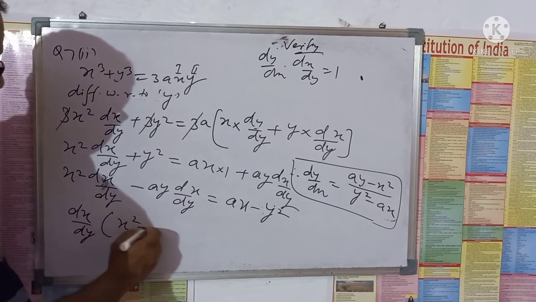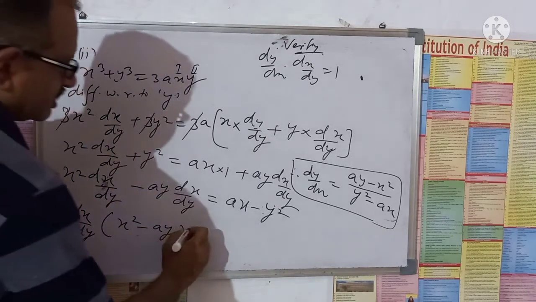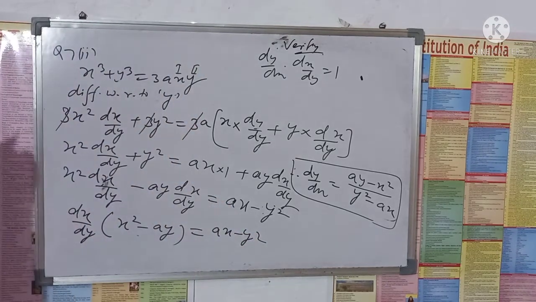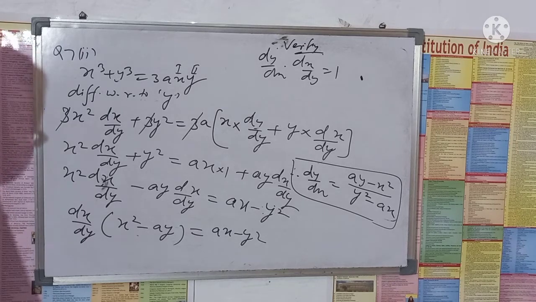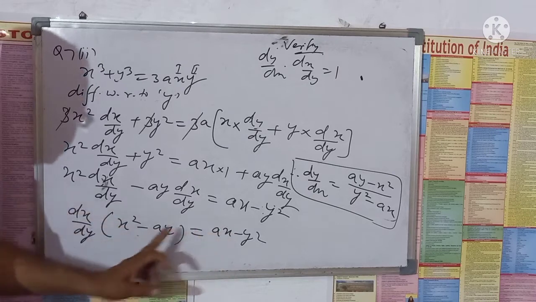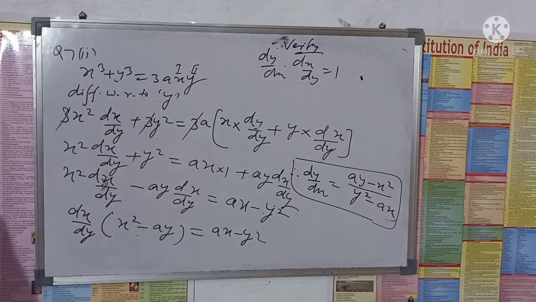So we get (x square minus ay) times dx by dy is equal to ax minus y square. To find dx by dy, we divide the right side by this.